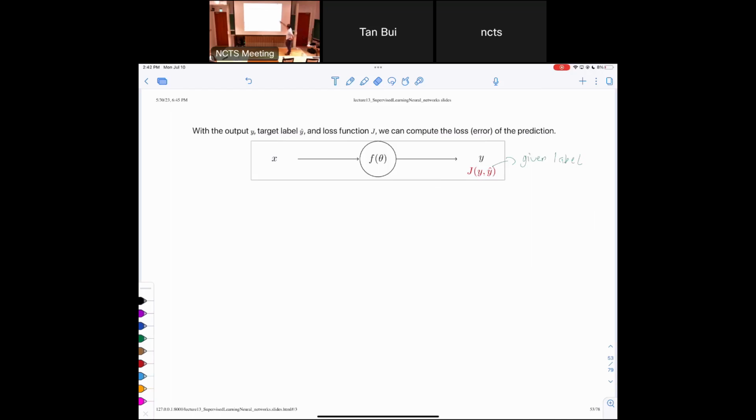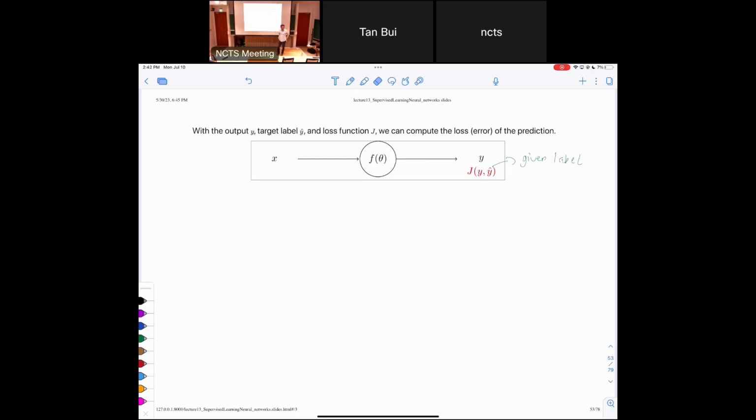Remember that Y is the given output, and Y hat is G. In our notation a couple of minutes ago, J is a function of F minus G. So this is what we just wrote in the generic setting. The loss function is a function of the output of the network and the data.